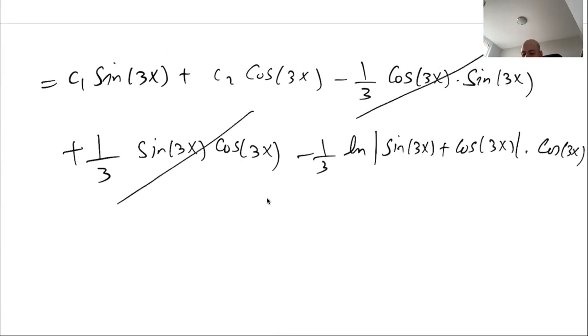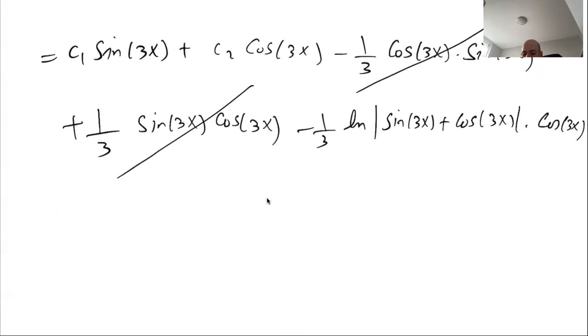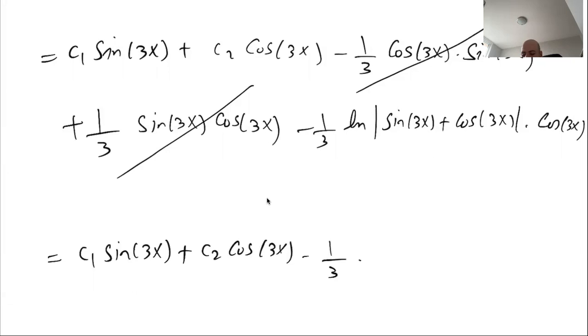So this cancels out with this term, and then I'll be left with c1 sine 3x plus c2 cos 3x minus 1 over 3 cos 3x times ln absolute value of sine 3x plus cos 3x.